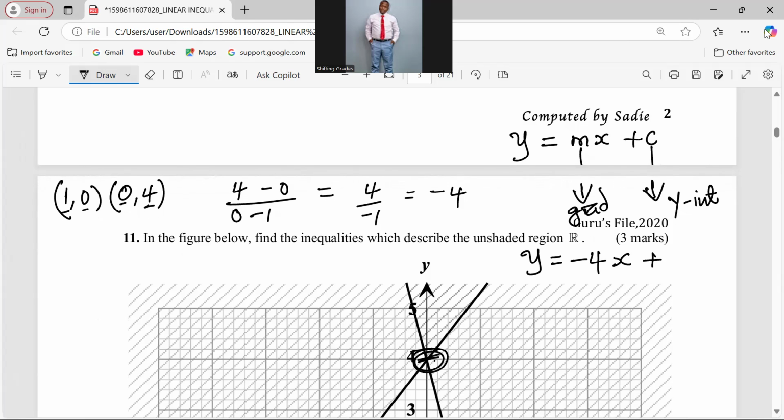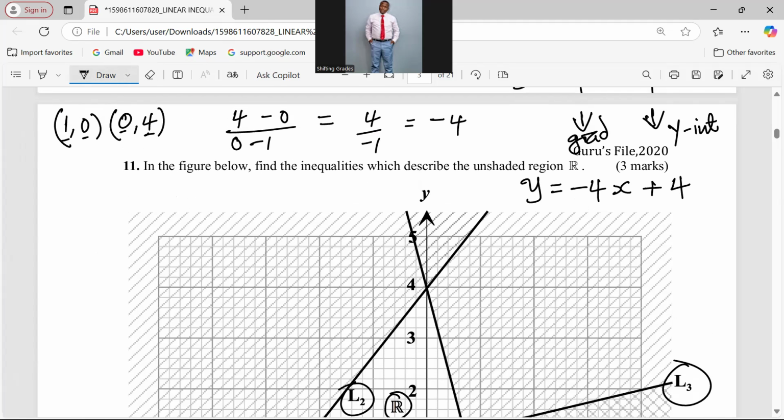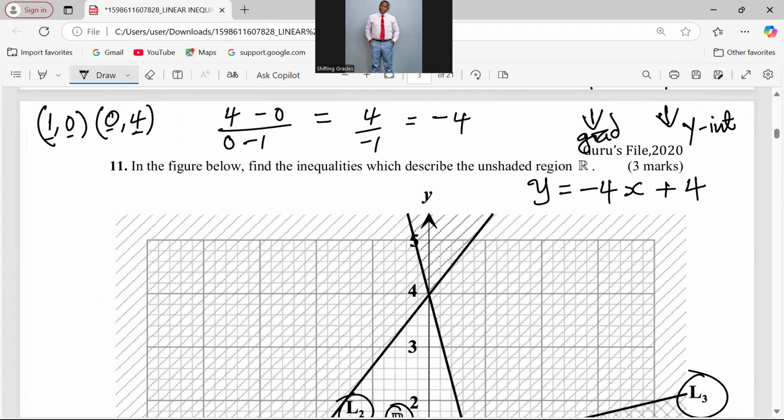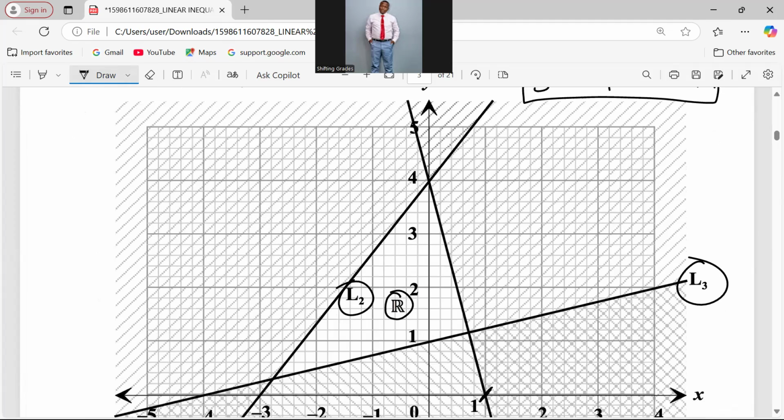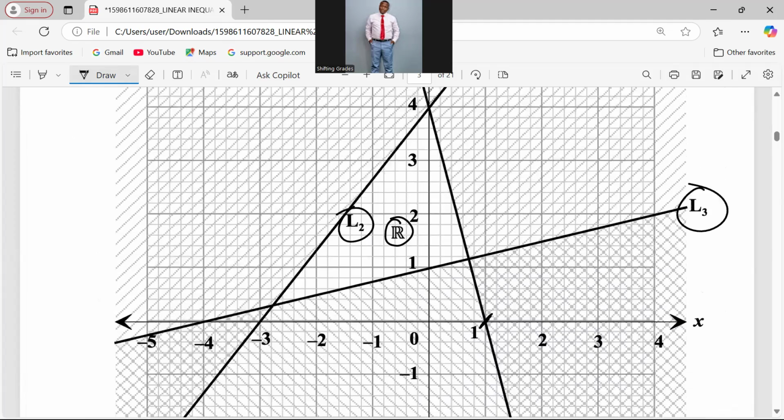And instead of c, we have the y-intercept 4. According to the drawn line, it's cutting the y-axis at 4. Therefore, this is now the equation for the borderline L1.